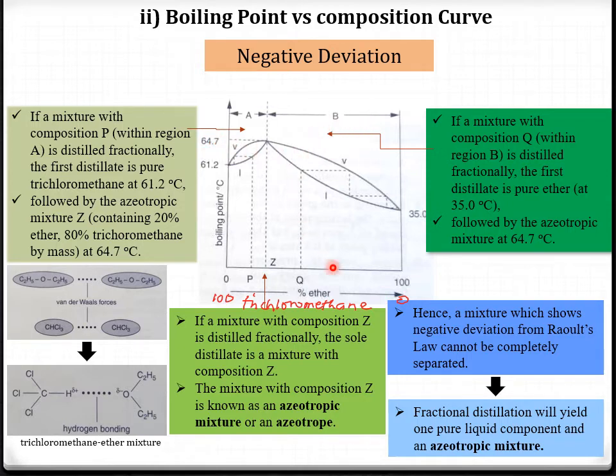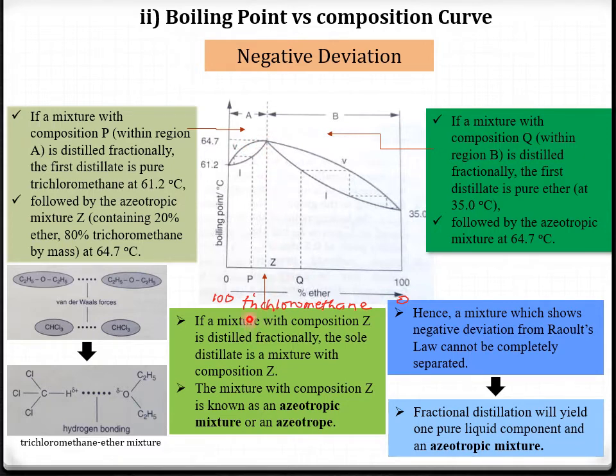For region B, if the mixture with composition Q is distilled fractionally, the first distillate is pure ether, which is at 35 degrees Celsius, followed by the azeotropic mixture at 64.7 degrees.